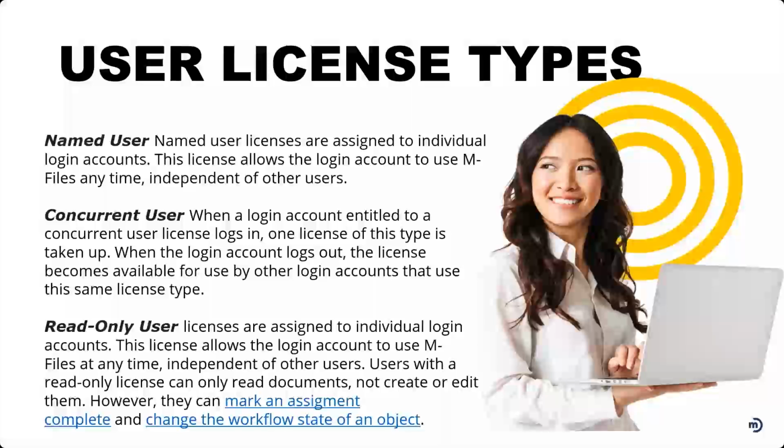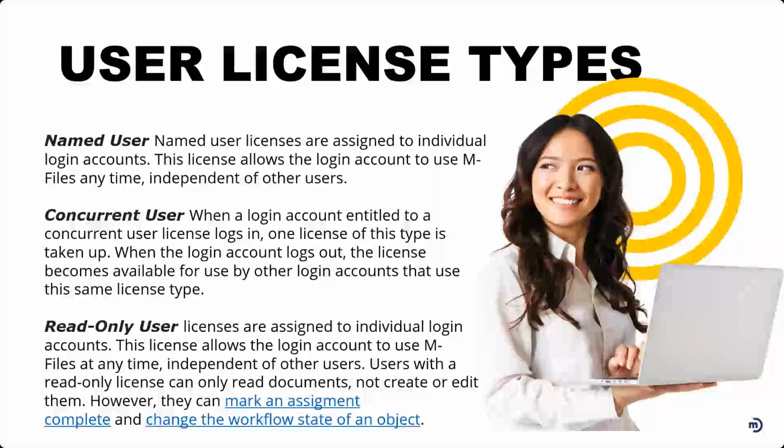Okay, named user. A named user is basically somebody that has a spot inside of mFiles all the time. More than likely, they are also coming from a Windows authentication. So when they fire up their PC, behind the scenes, you're automatically logging into mFiles as well.